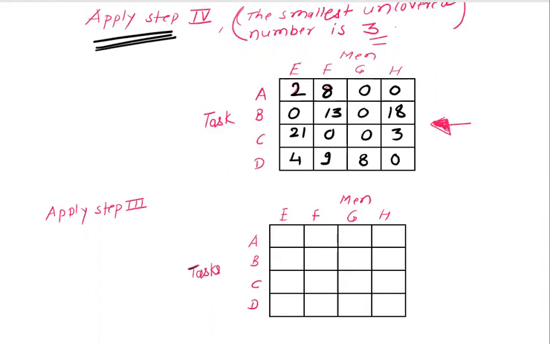Look at the rows. We have to cover all zeros with the minimum number of horizontal and vertical lines. So look at the rows containing a single zero. Say the first row contains 2 zeros, the second row contains 2 zeros, the third row contains 2 zeros, and the fourth row contains a single zero. So we make an assignment here, right?